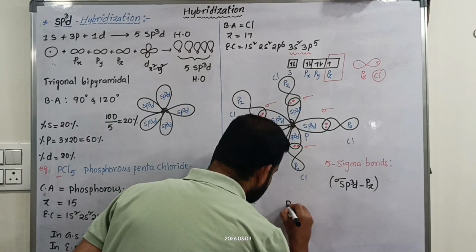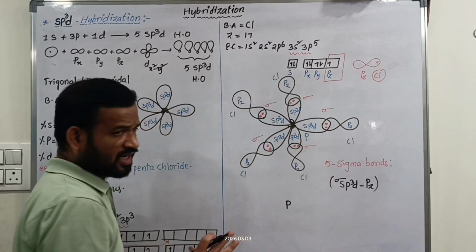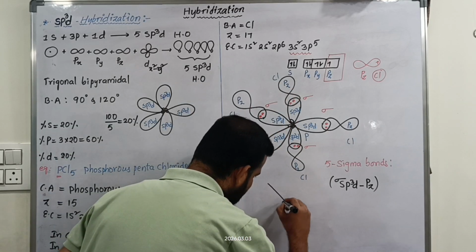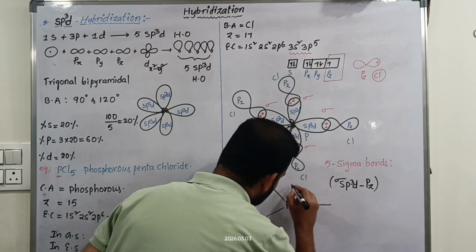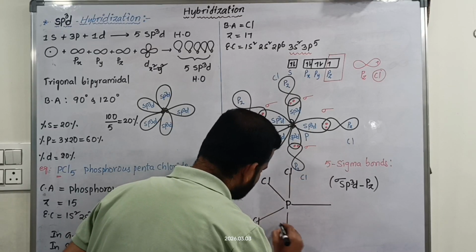Here phosphorus is the central atom. This phosphorus is bonded to 5 chlorine atoms separately and forms a trigonal bipyramidal shape.